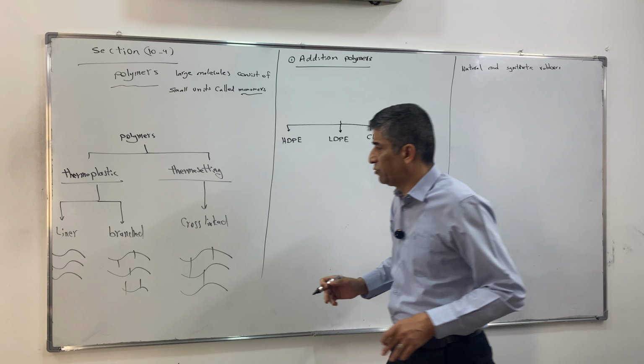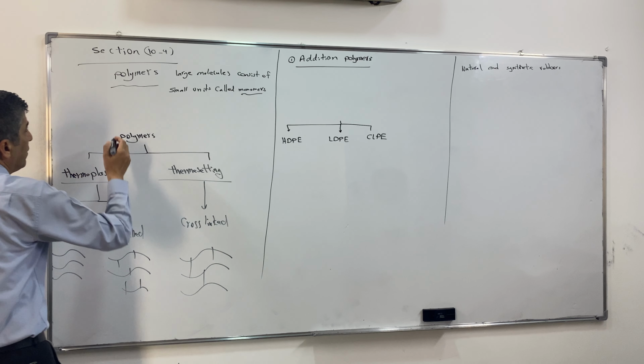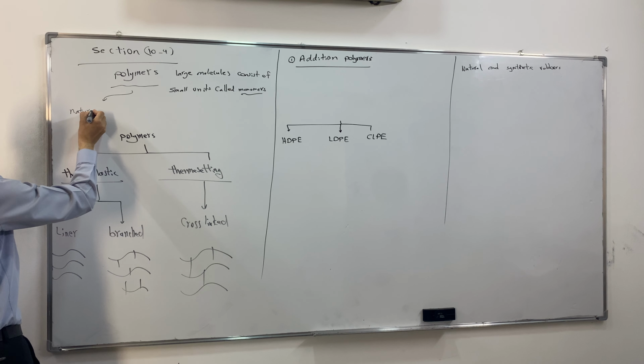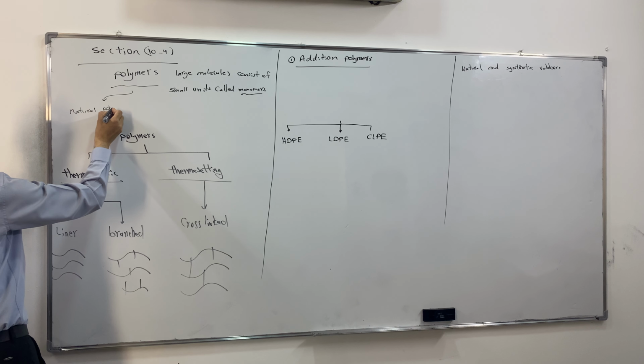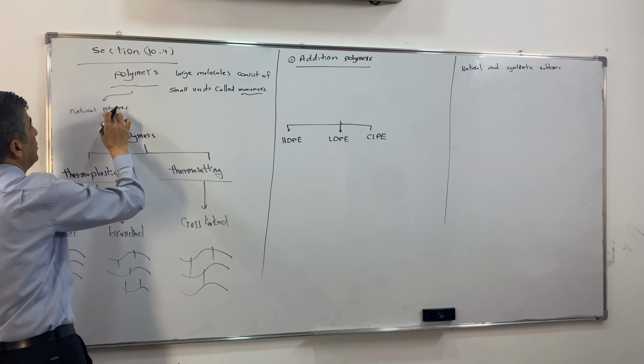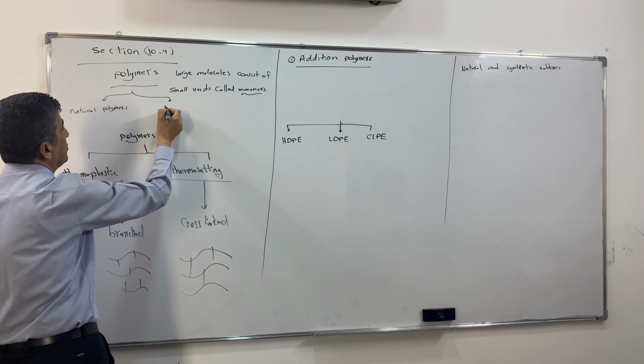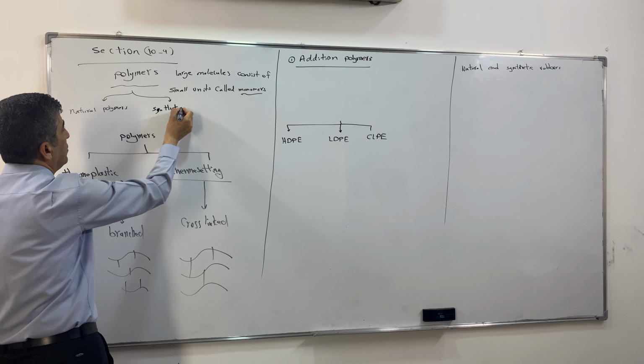We can say we have two types of polymers: natural polymers, which are seen in our nature, and synthetic polymers.